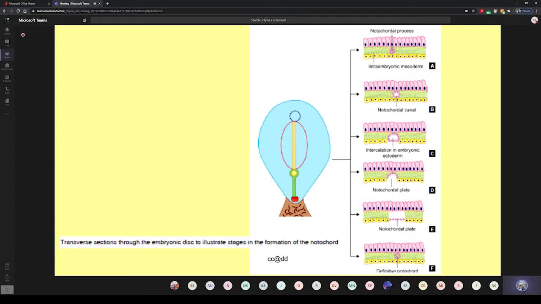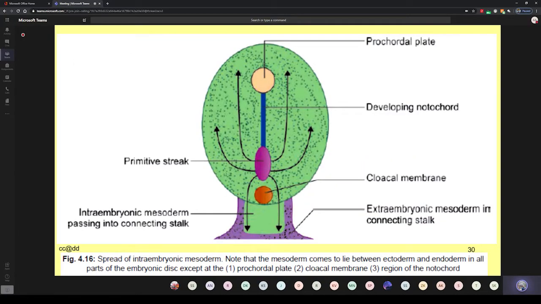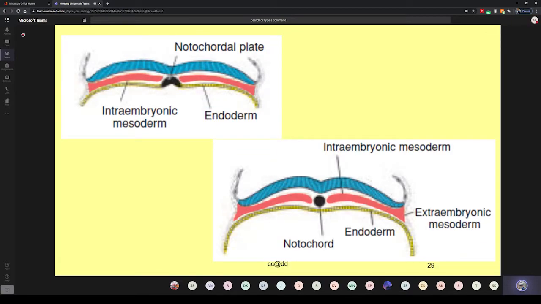So what happens in these two areas? The ectoderm and endoderm are fused. There is no intervening mesoderm, right? So again, primitive streak, procaudal plate, notochordal process. And once these three are in place, what we are getting is the gastrulation. And what was this gastrulation all about?